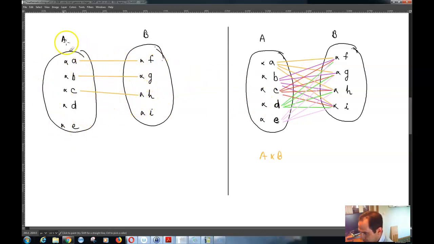Two of these elements are not connected to anything, and one of these elements is not connected to anything. And of course, as you can see, this is a subset of all of these ordered pairs over here.